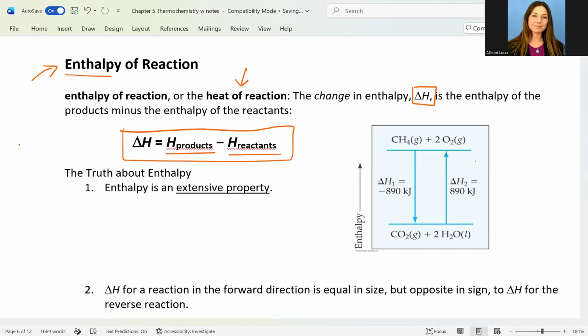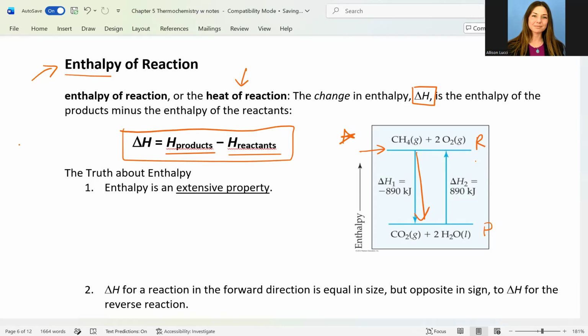We have here an example of a reaction where we have these high energy reactants. We have methane and 2 moles of oxygen gas. So both of these are gases, and they are shown to have higher enthalpy than the products down here. So this would be the reaction going in this direction here. So I have reactants up top and then products down here.